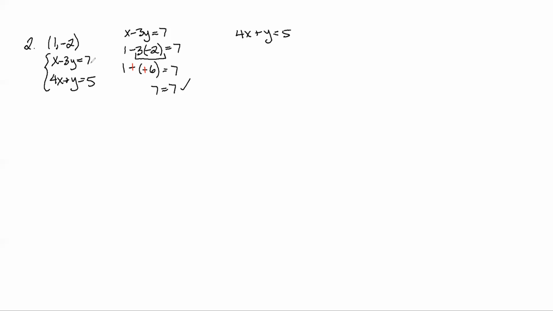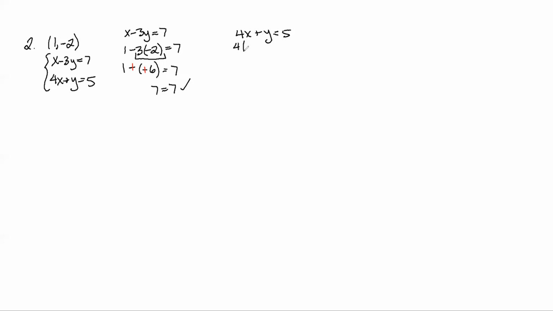And if you test it in this first equation and it's not a solution, you can stop right there, because if it's not a solution to the first one, there's no way that it's a solution to the system, because it has to be a solution to both. So it's just kind of a shortcut when you're going through these. But this one, it is a solution, so we need to check the second equation.